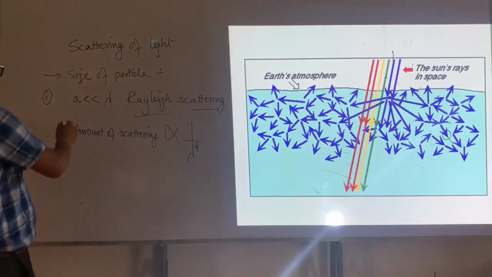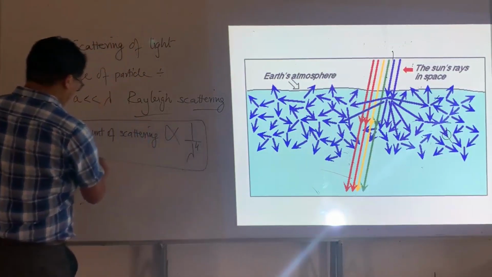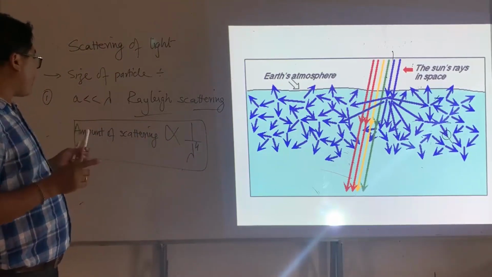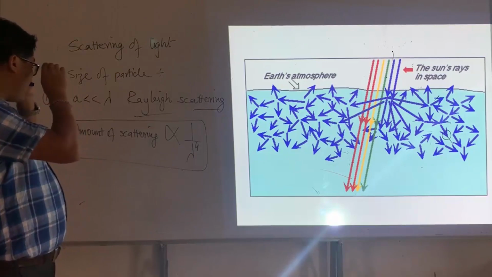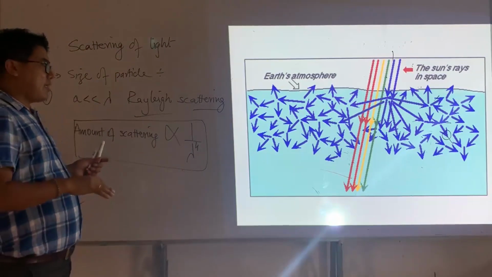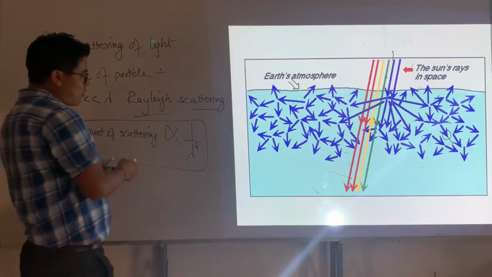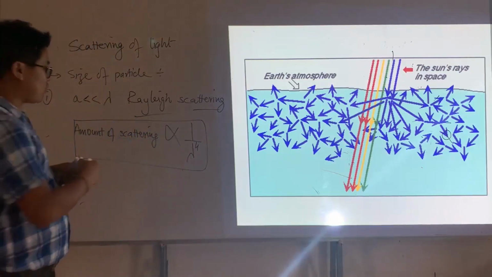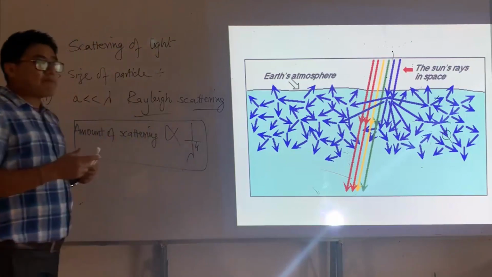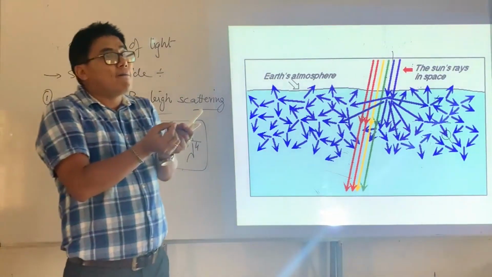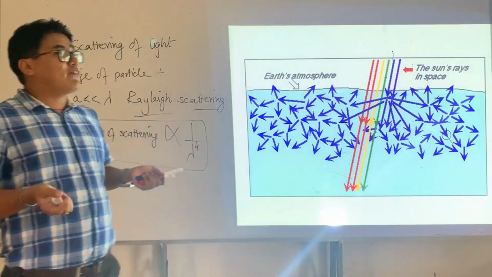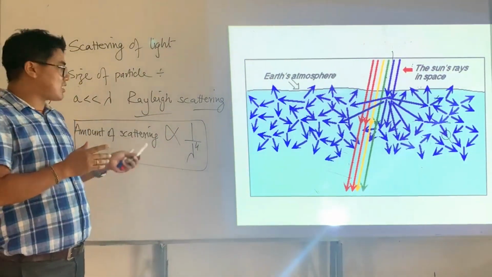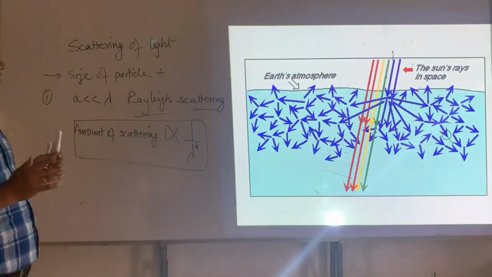This is what we have in case of Rayleigh scattering. That means if the wavelength is smaller, scattering is going to be more. If the wavelength is longer, scattering is going to be less. So this is what we have in case of Rayleigh scattering.